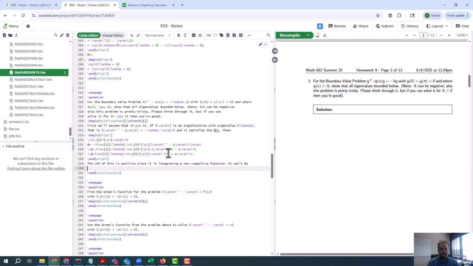It can't be 0, otherwise the eigenfunction would be identically equal to 0, but this isn't allowed. So it's got to be positive. So therefore the right-hand side is positive.